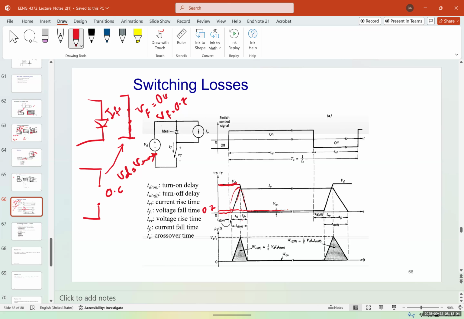When this is short circuit, what is the current passing through this? Maximum. Thank you. And when it's open, what is the current equal to? 0, because we don't have any connection between them.